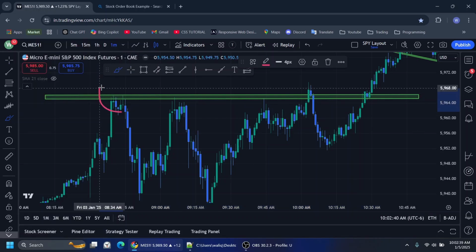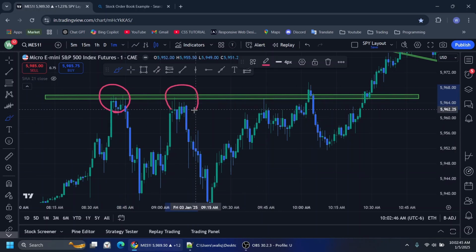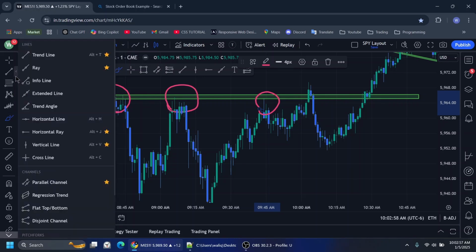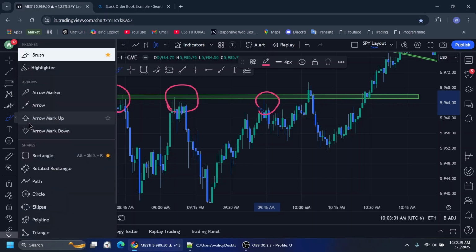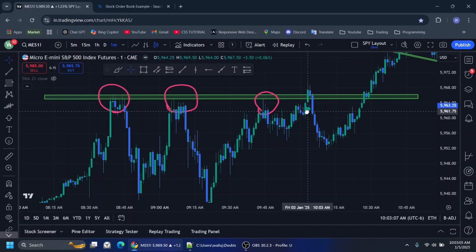For example, the price bounced right at that level, and then again the price bounced right at that level, then again at the same level the price bounced again. And then we see over here, this one, right here.